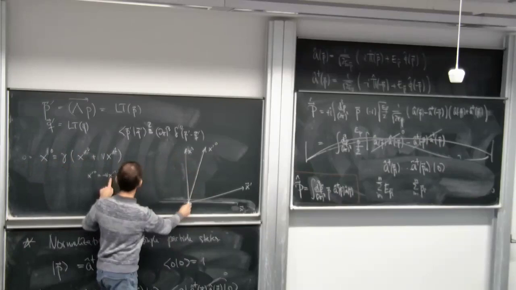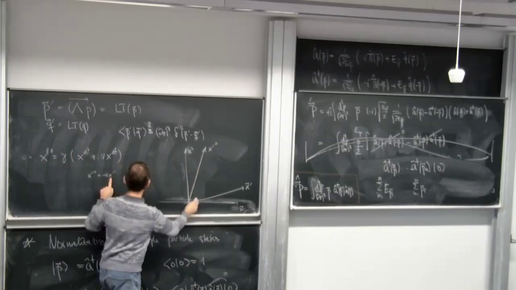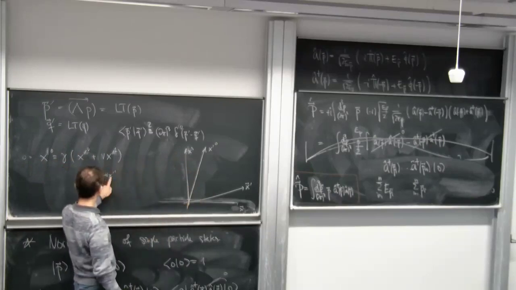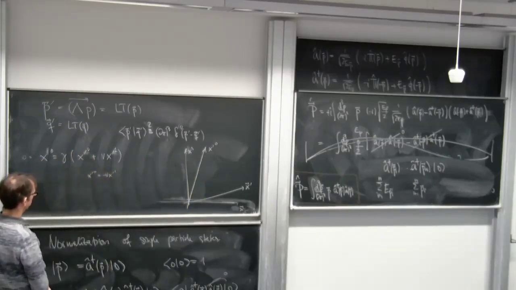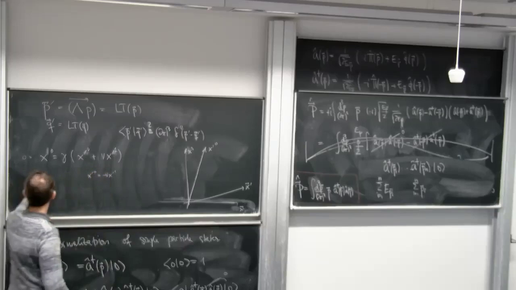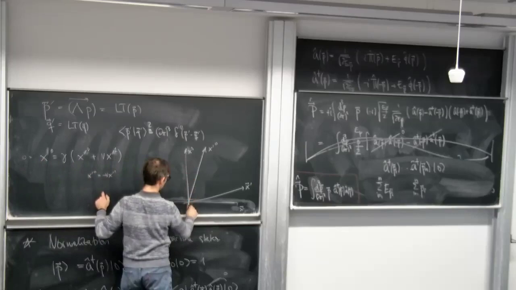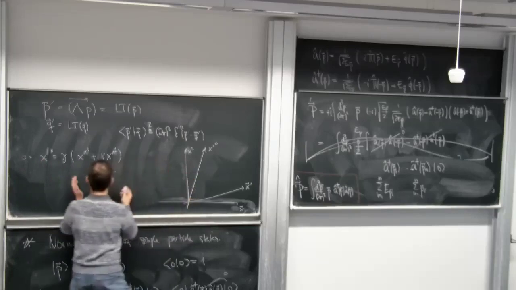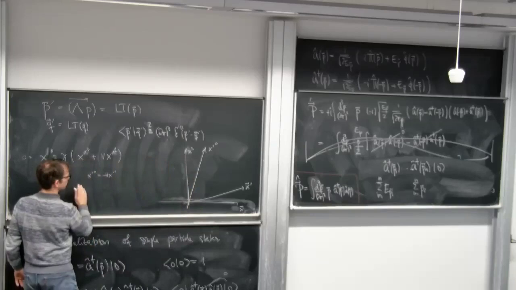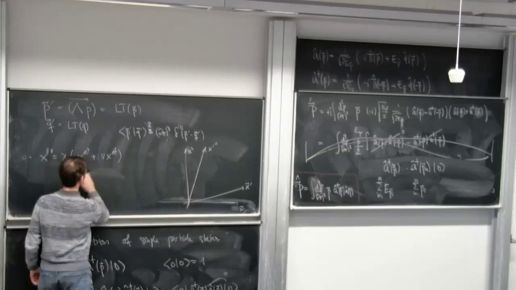If I have some positive number here, a positive number here, negative. Wait, I'm on this axis, and they have positive values in there. Yeah, I guess it is this.